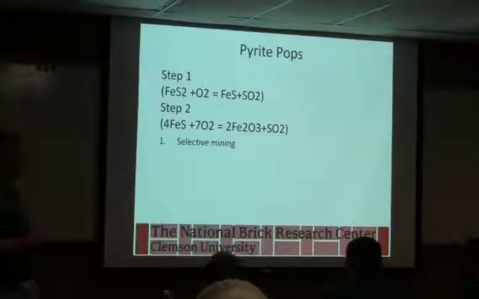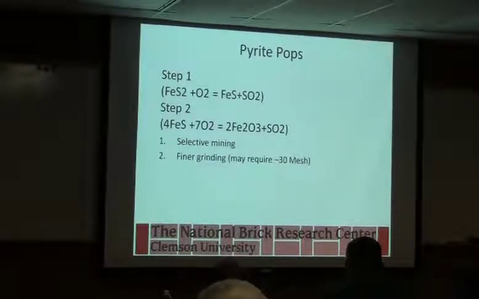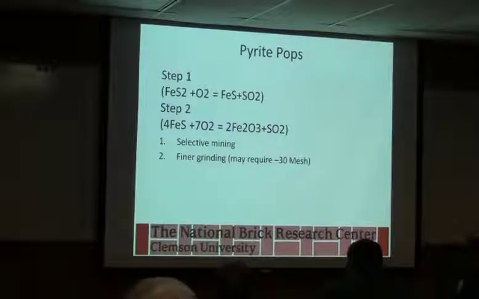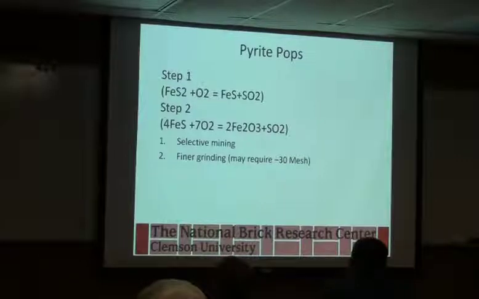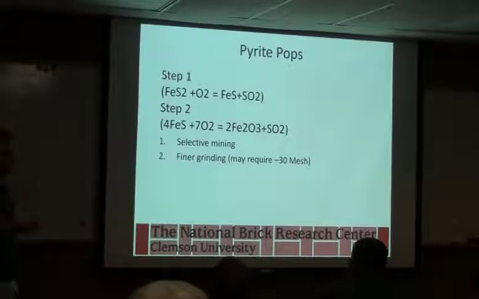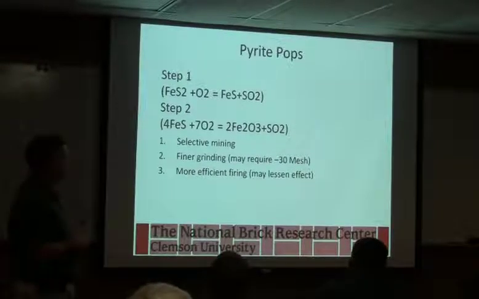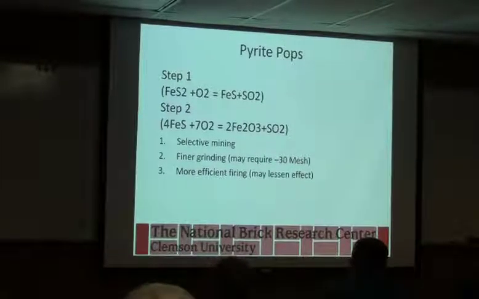You can do selective mining: if you know there's an area where these are coming from, you can avoid it, or grind that material finer to break the pyrite up into much finer material, so that when it's distributed through the product, it doesn't present an ugly spot. More efficient firing may lessen the effect, but typically it won't get rid of it. So you might be able to get it to separate out or blend in a little better.